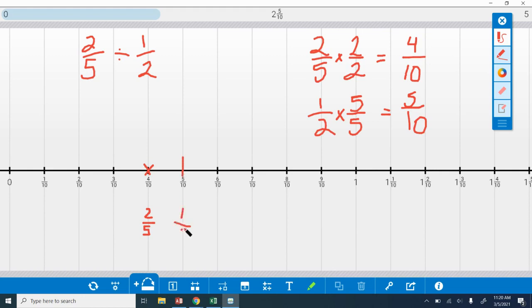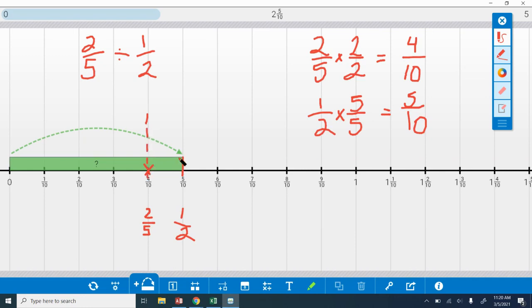So our question is, how many groups of a half are in 2/5? Well, let's go ahead and use this little jump here, and I want to stretch the jump out to 1/2. And then let's mark where 2/5 is.